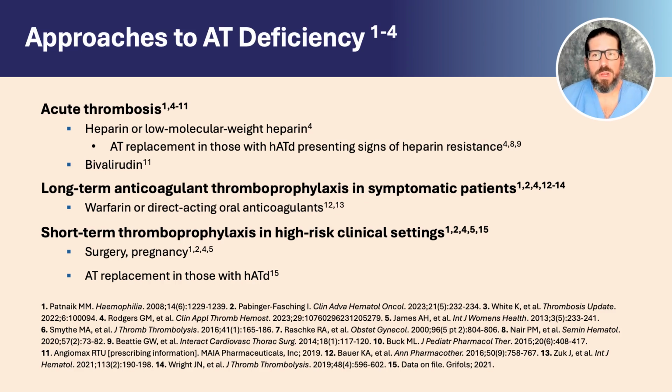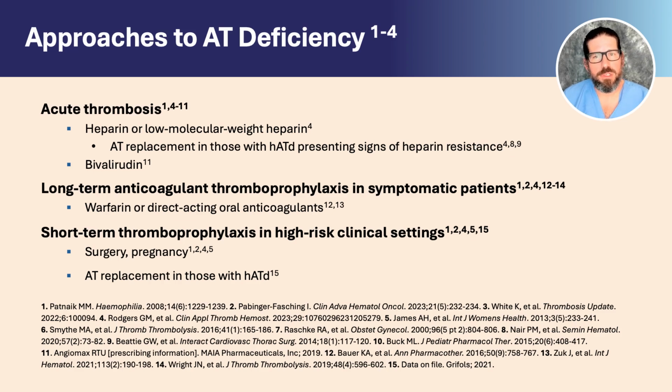Both warfarin and direct oral anticoagulants are safe and effective treatment options for symptomatic patients who need long-term anticoagulation. The use of warfarin requires frequent monitoring and potential lifestyle changes to accommodate dietary restrictions, so some patients prefer to use direct-acting oral anticoagulants. Short-term thromboprophylaxis is also recommended for asymptomatic patients in high-risk clinical situations.